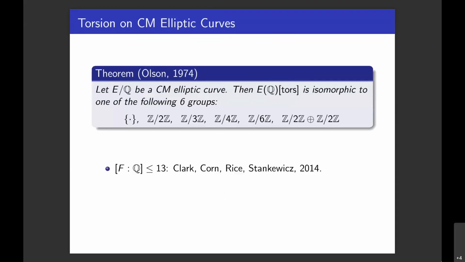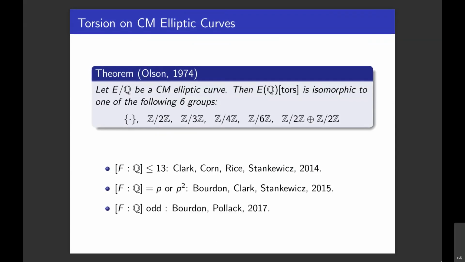In 2014, Clark, Corn, Rice, and Stankewicz completed the classification of torsion for degrees up through 13, which is cool. And then in 2015, work of Bourdon, Clark, and Stankewicz completed the classification for prime degrees and for p squared degrees, where p is prime.